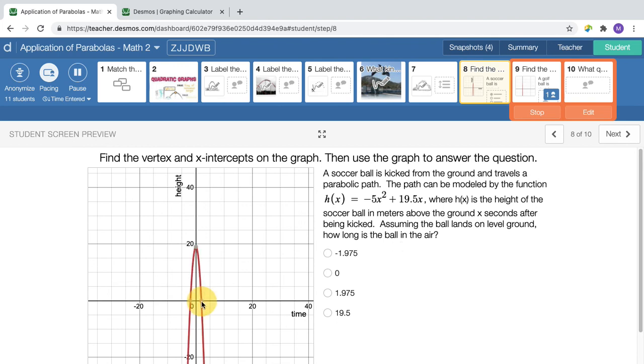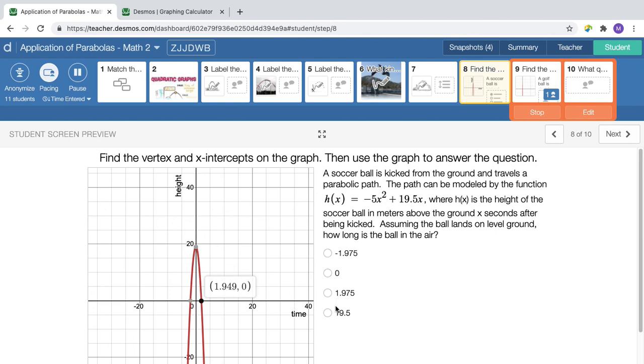If I click here and I see that once it goes back to the ground, 1.949 seconds has gone by, right? Because the x value is time. The y value of 0 is the height. So that is when it is back to the ground at 0, and this is how much time has gone by.